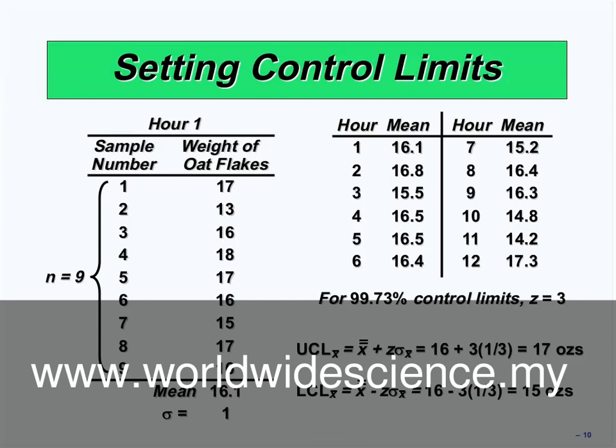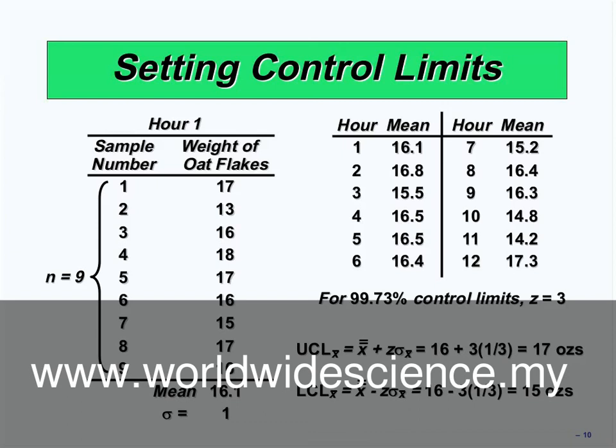But if you look at the table again, hour 10 is 14.8. This is less than 15. The mean of hour 10 is less than 15. Hour 11 is 14.2.